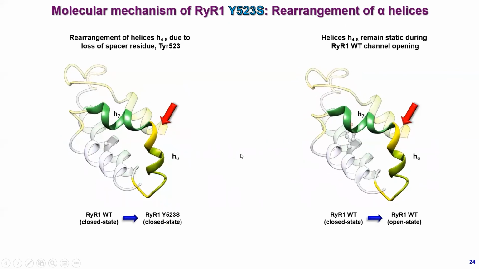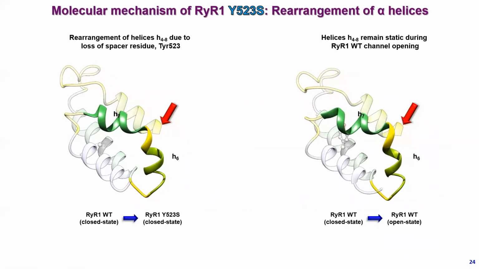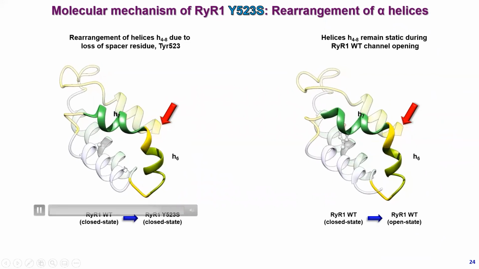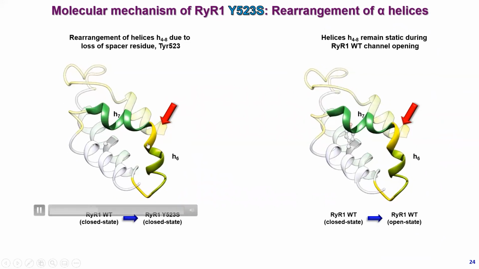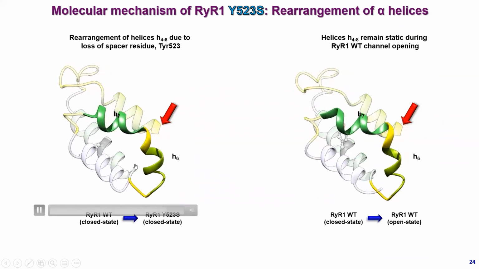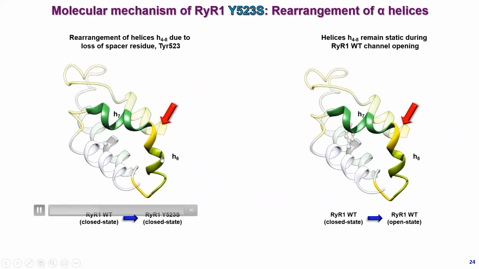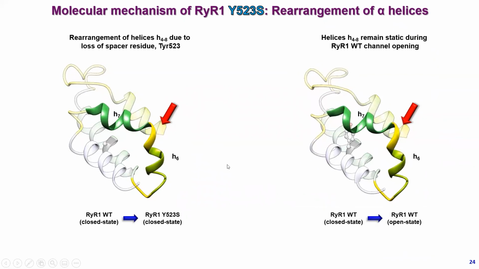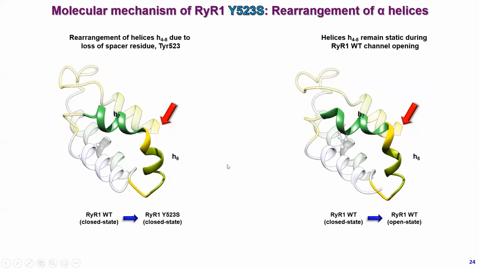This rearrangement is perhaps better appreciated when I make the other helices transparent, so that you can focus on the inward movement of the H6, H7 helix towards the H8. This rearrangement, which is seen in the mutant channel, is absent in the wild type channel during opening.